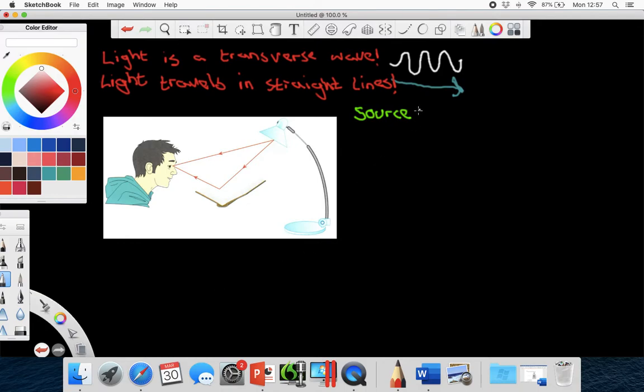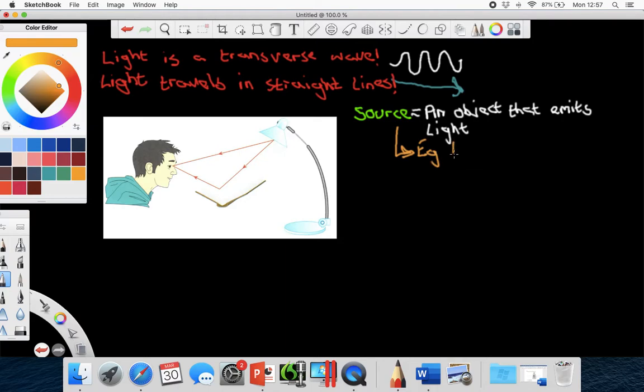So we can say an object that emits, E-M-I-T-S, emits light. And we can add underneath there as an example, for example, a light bulb.